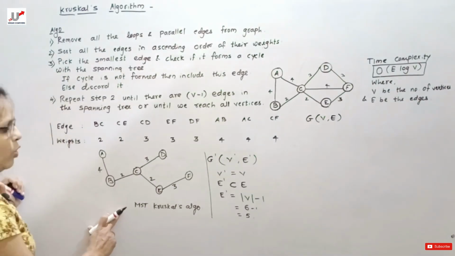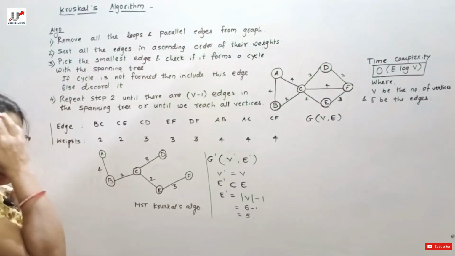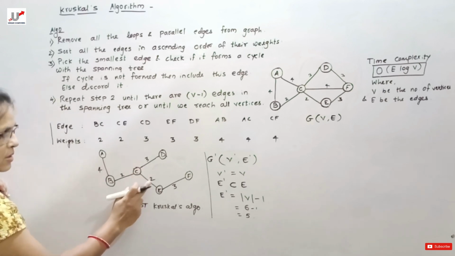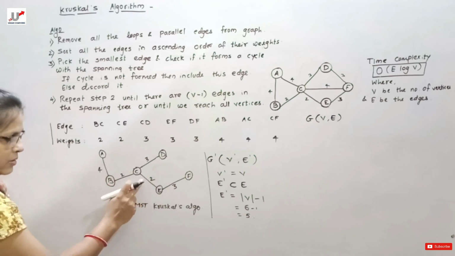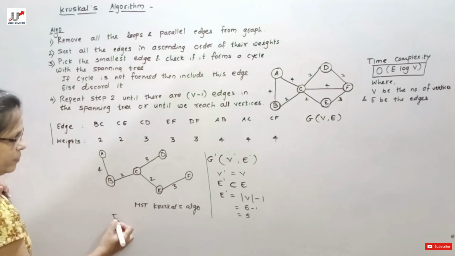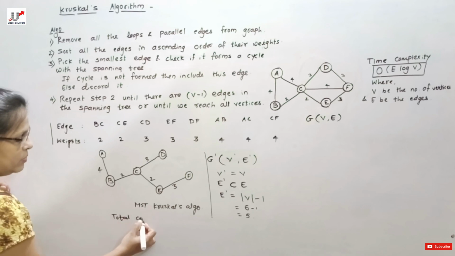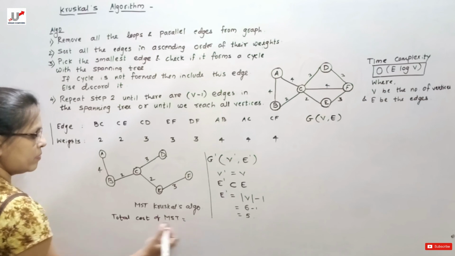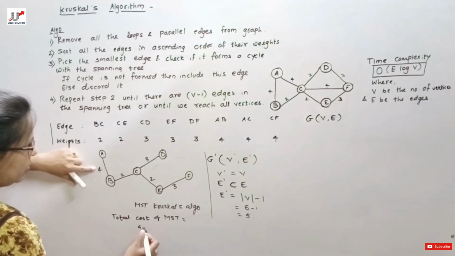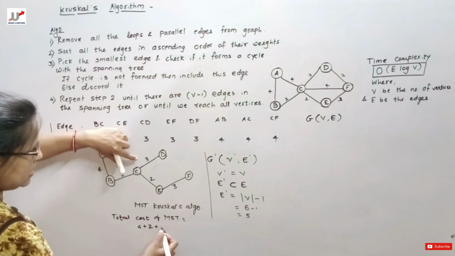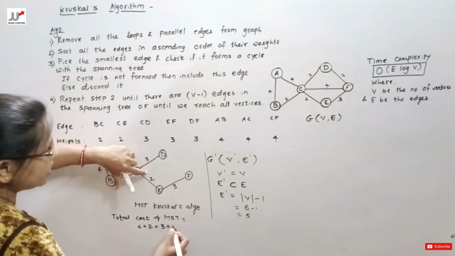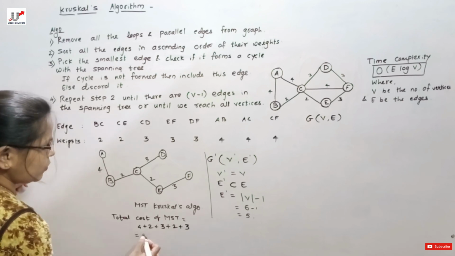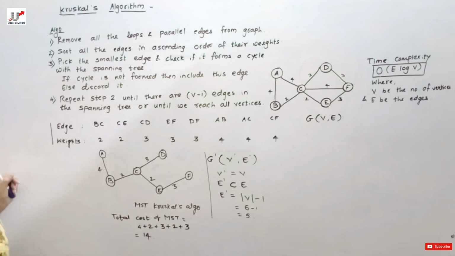The total cost of this minimum spanning tree is the total of the weights included in this MST. 4 plus 2, 6 plus 3, 9 plus 2, 11 plus 3 is equal to 14.